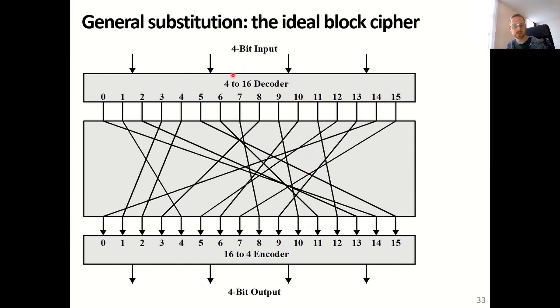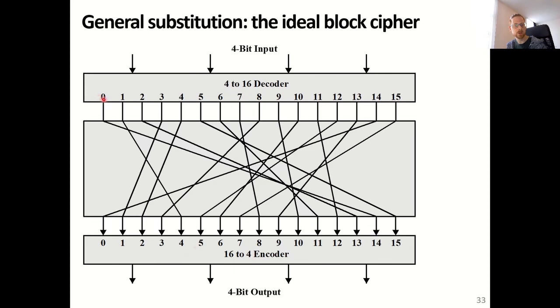Let's take a look at this example with 4 bits of input. Clearly, a 4-bit input block has 16 possible values, ranging from 0 up to 15 in decimal. Each of these is mapped to one unique output block.